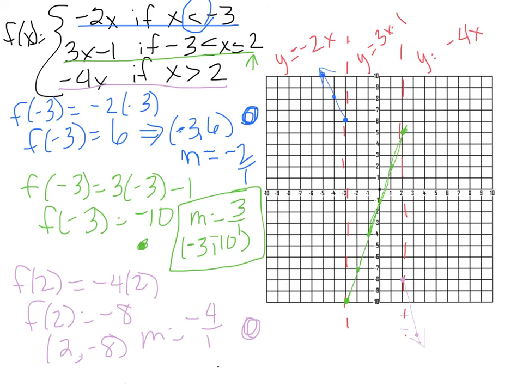Those red dashed lines are not actually part of your graph, but for some reason, my program's not letting me erase them. So, it doesn't matter if you have 2 or 3. If you're looking at these for a piecewise function, just graph what you have. Good job! Enjoy this section.